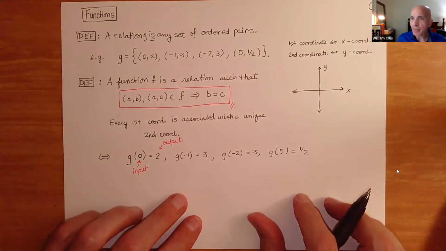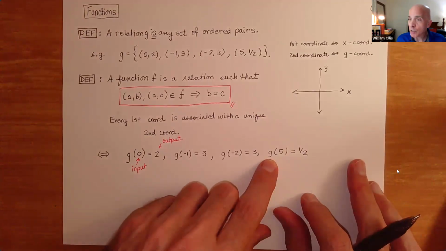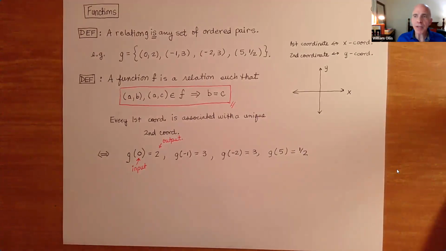Now, when we say G of 5, that is just a common phrase for inputting 5 into the function G. So we think of G as being maybe sort of a machine, but it has certain characteristics. That is, we make a single input and we get a single output. That is, single input, single output.